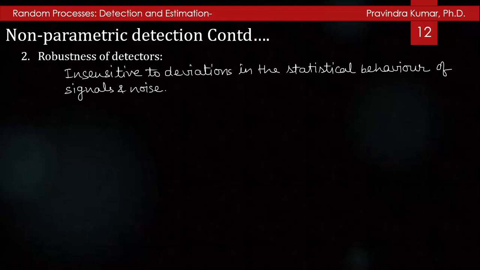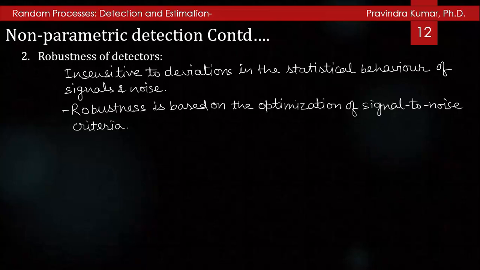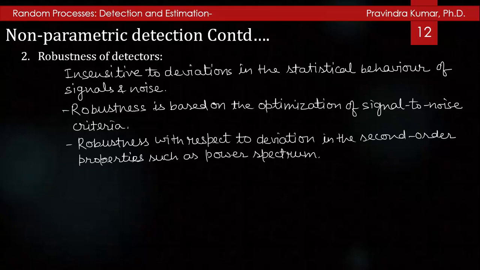Basically, robustness is based on the optimization of the signal to noise ratio criteria. It implies robustness with respect to deviations in second order properties such as the power spectrum, and there are some references you can go through for more study about the robustness of detectors.